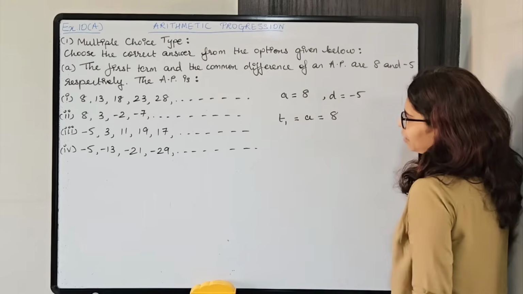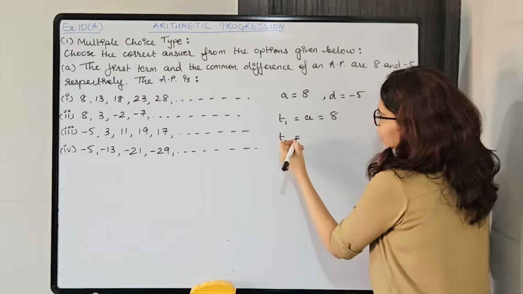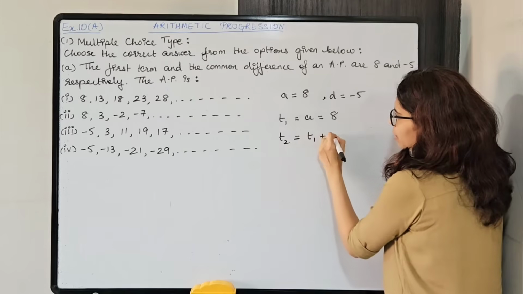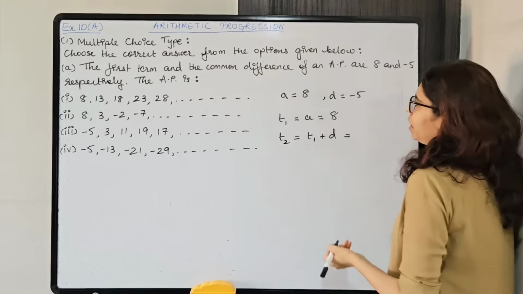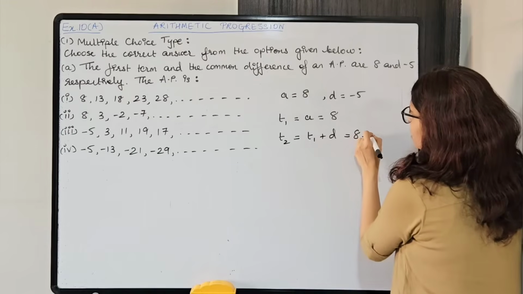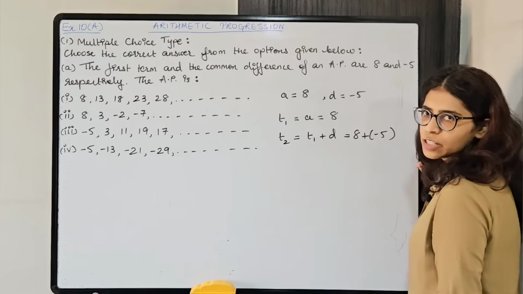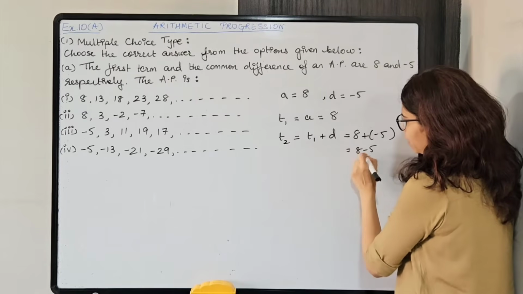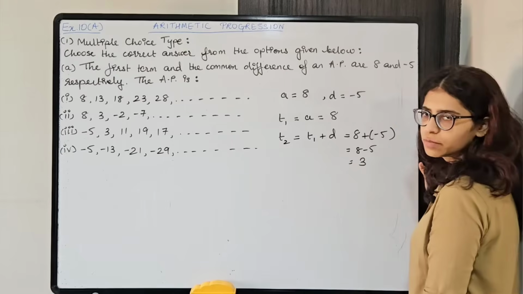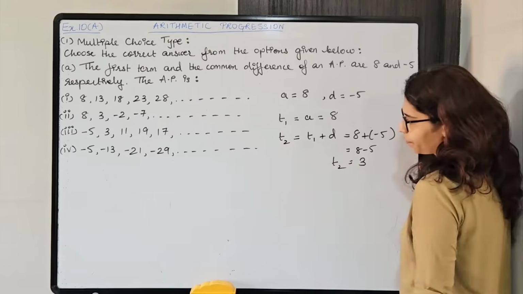So it is 8. Second term is T1 plus D or A plus D. So T1 is 8 and D is minus 5. So 8 plus minus 5, plus minus becomes minus. So 8 minus 5, that is 3. So T2 is 3.